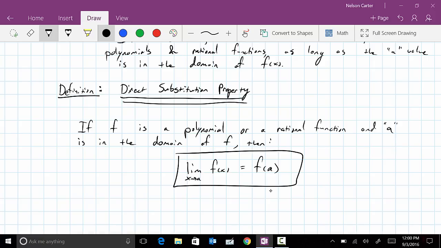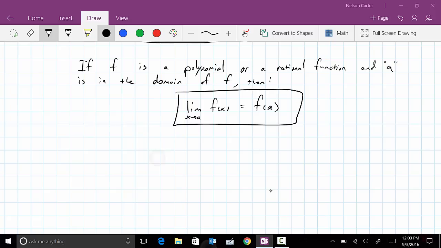The answer is, I have the direct substitution property, which tells me that it'll work for any polynomial or any rational function. Now, we didn't say that it works for any type of function you've ever seen on planet Earth. There are plenty of other functions that are not polynomials or rationals. So we'll come up with a more general property later, but for now, this is the property that we have.